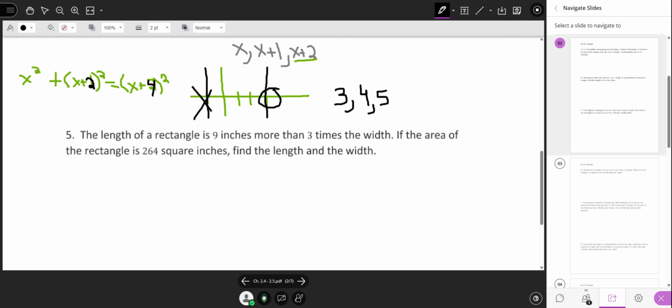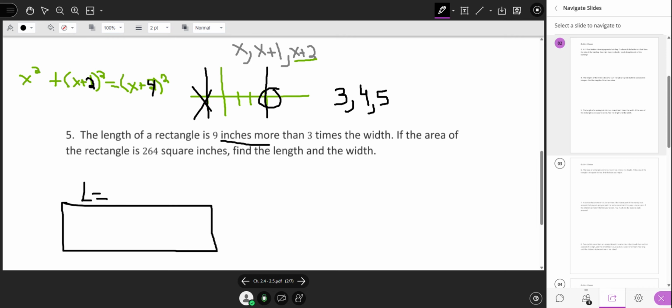Now, number next. The length of a rectangle is 9 inches more. More means plus 9. 3 times the width.